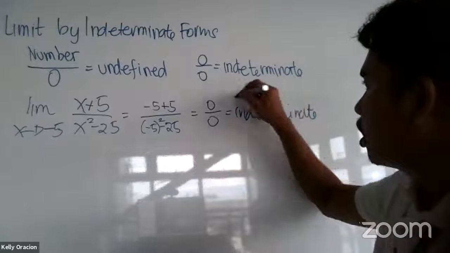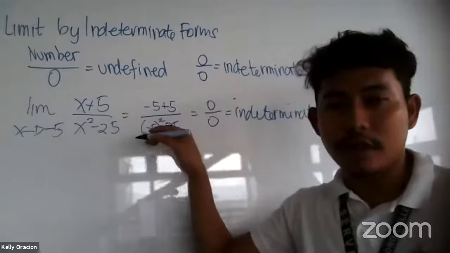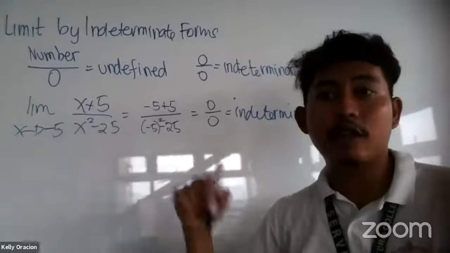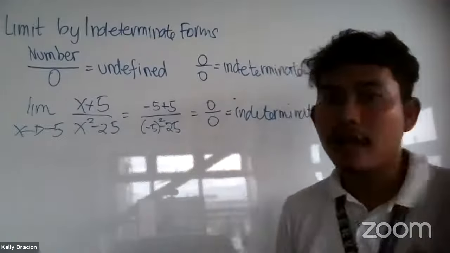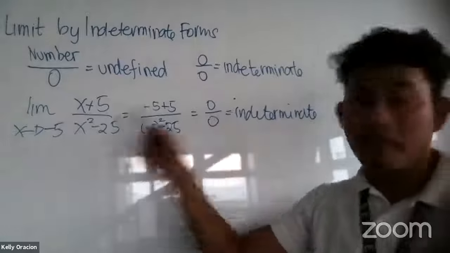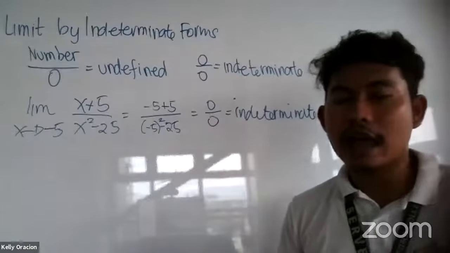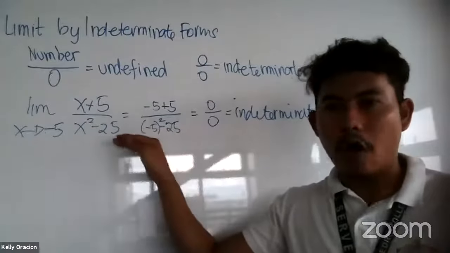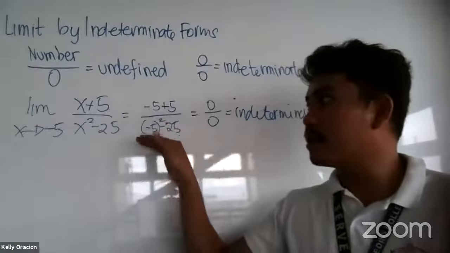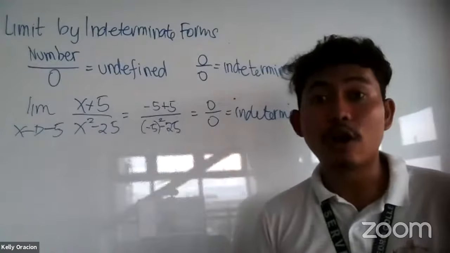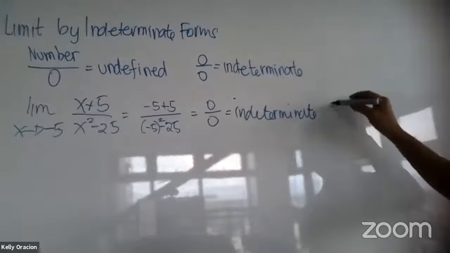Diba? If you substitute your negative 5 sa denominator, it will turn 0. Class, this process is wrong.